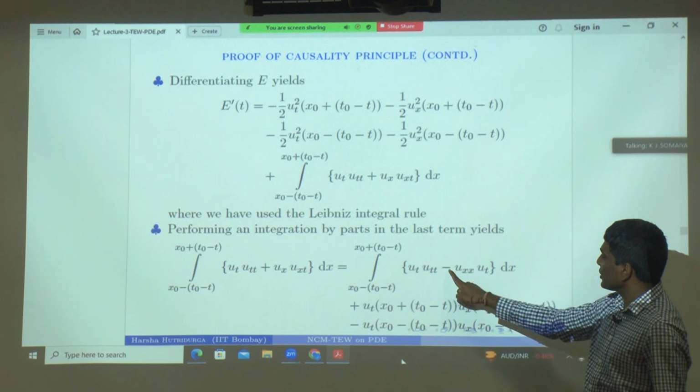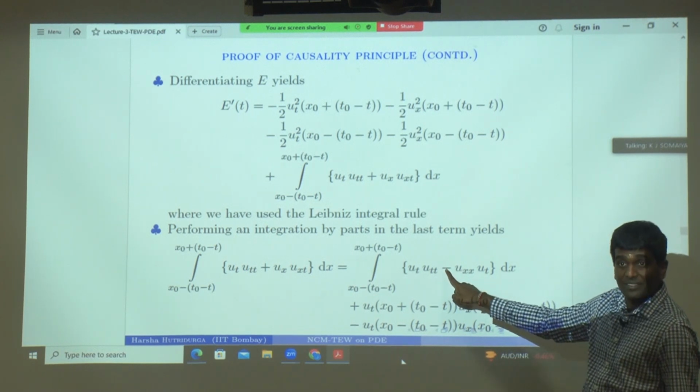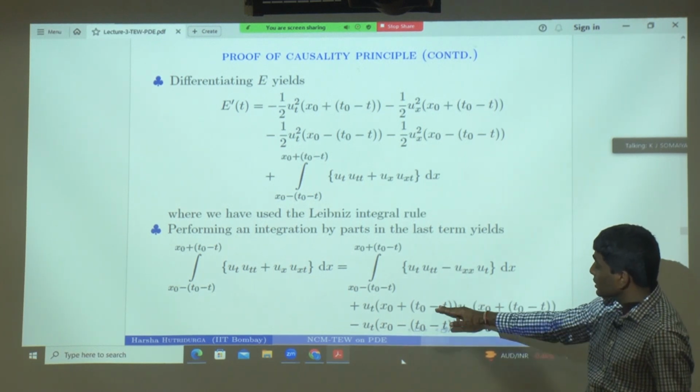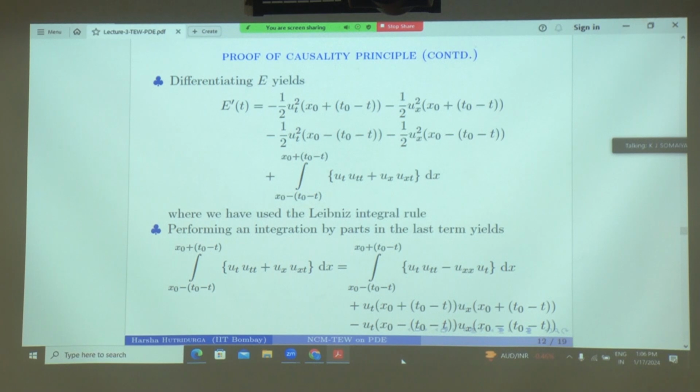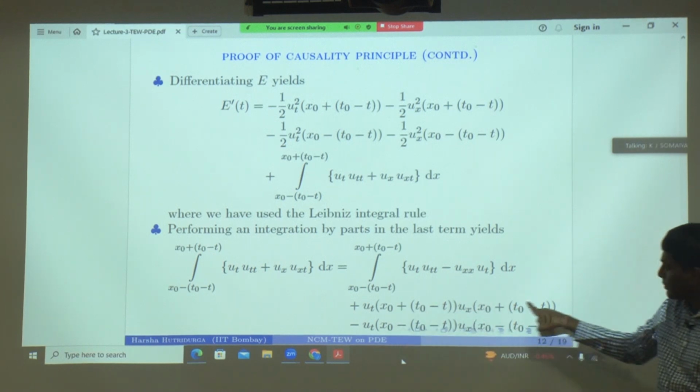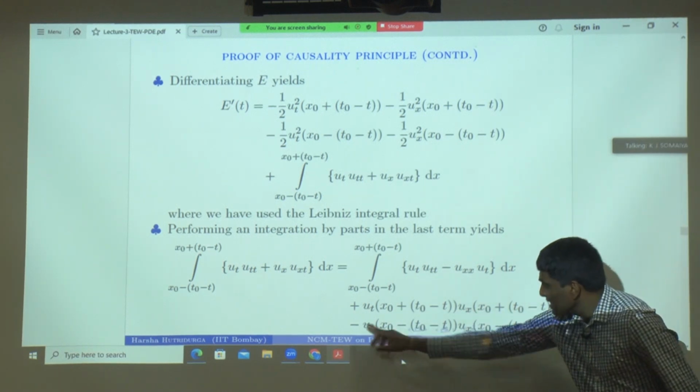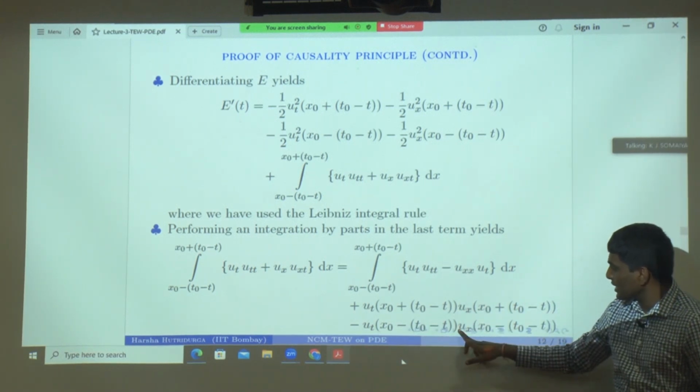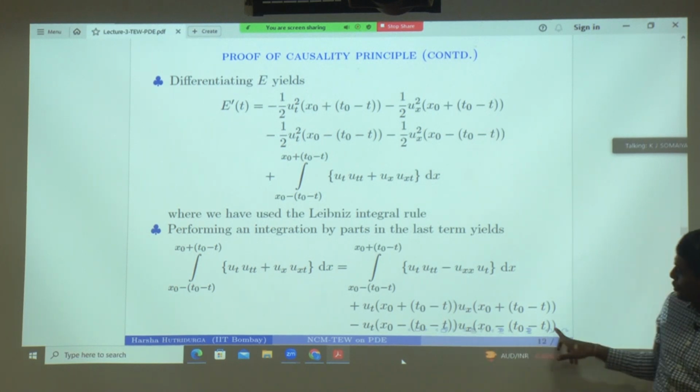You throw one of the derivatives which will give you a negative sign, okay? And then there are these two boundary terms which are just these two guys. We call f as ux, g as ut, right? So ux evaluated at b times ut evaluated at b, which is this fellow, minus the same ut evaluated at the bottom point and ux evaluated there.